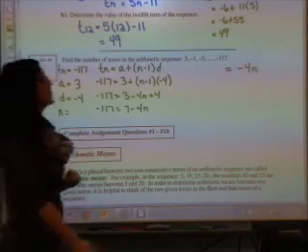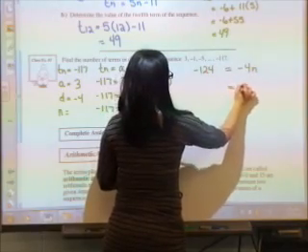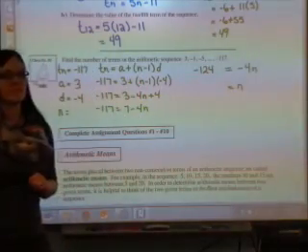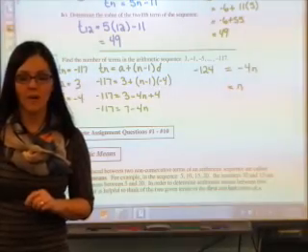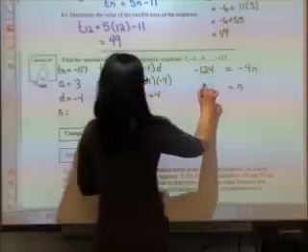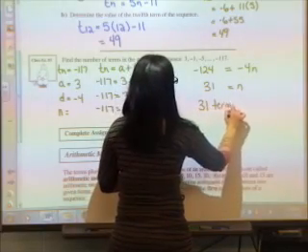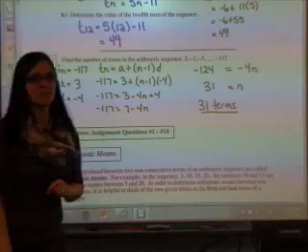Minus 124. Okay. And then to get n by itself, what would I do? Divide by negative 4 on both sides. Okay, and if I divide by negative 4, what do I get? 31. So there are 31 terms in this sequence.